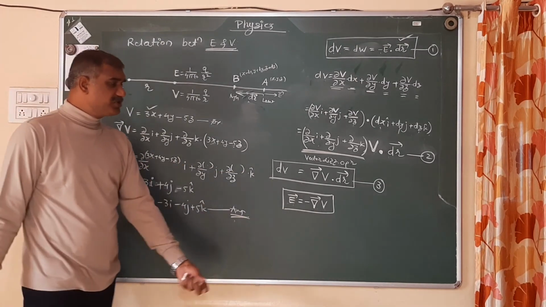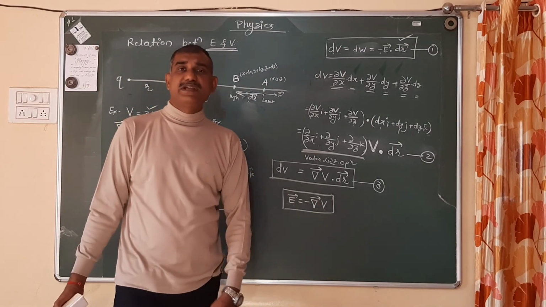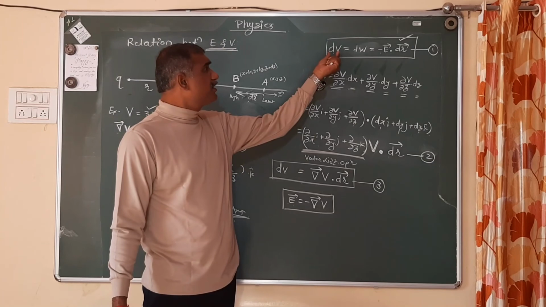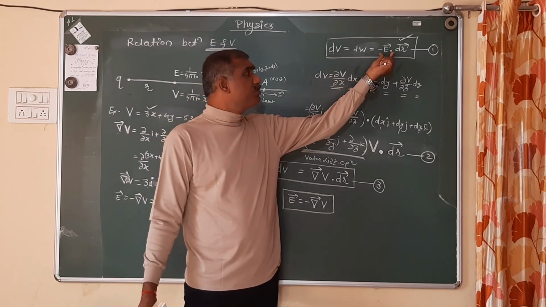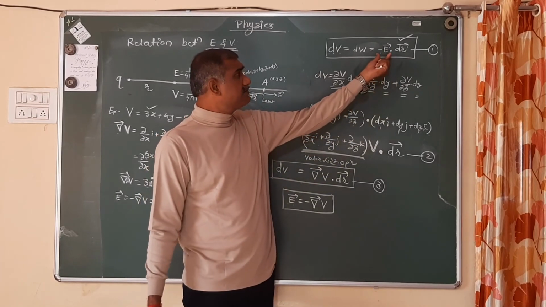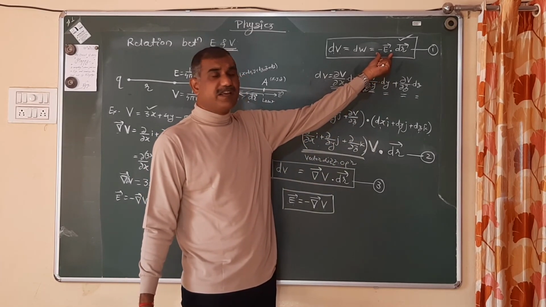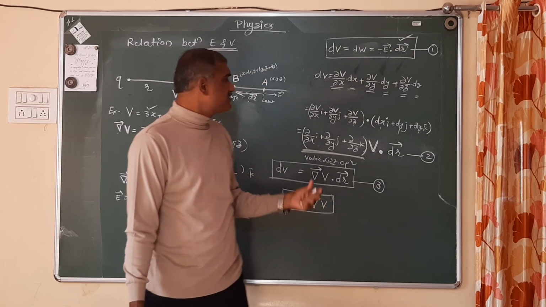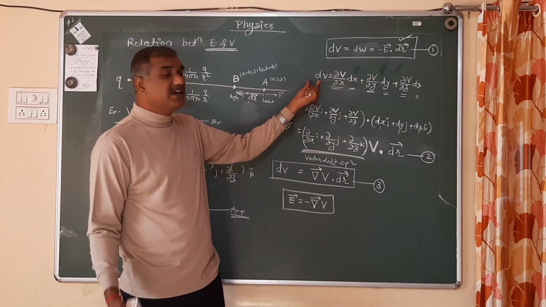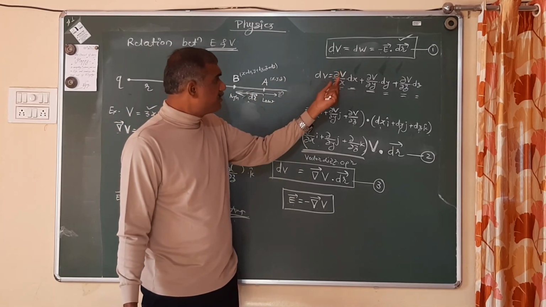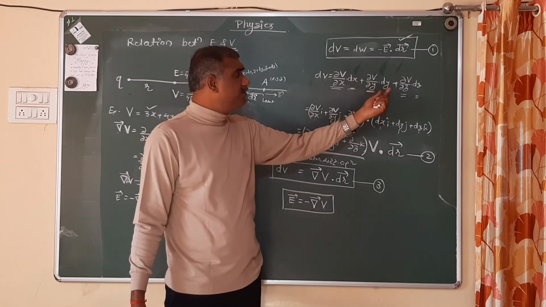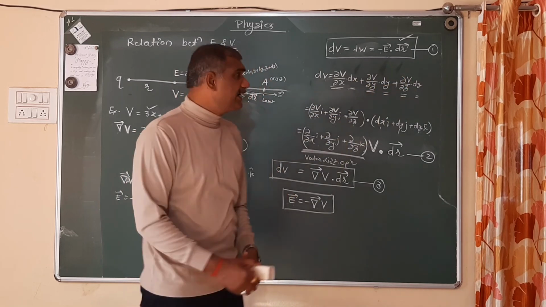By using that relation, electric field intensity is equal to negative gradient of potential. This is a very easy part. You just have to remember the potential difference, that is equal to force into displacement, force against the electric field, and that's why you put here minus vector E dot dr. This is one concept. The second thing is the potential difference between A and B, dV, can be written as rate of change of potential with respect to x into dx, plus del V by del y into dy, plus del V by del z into dz.